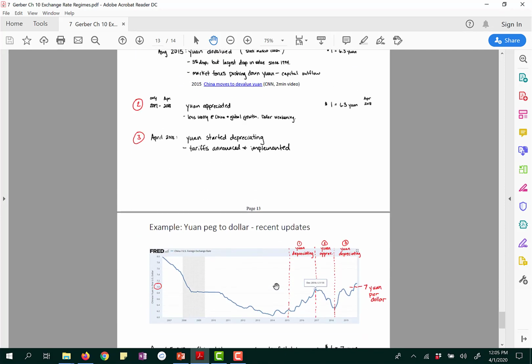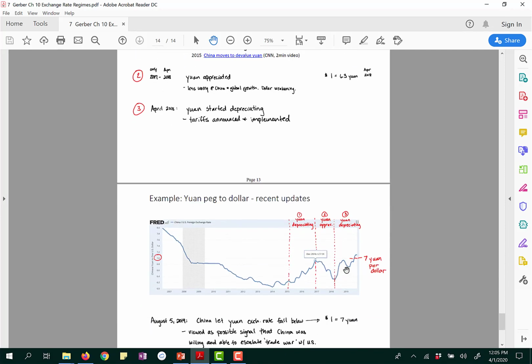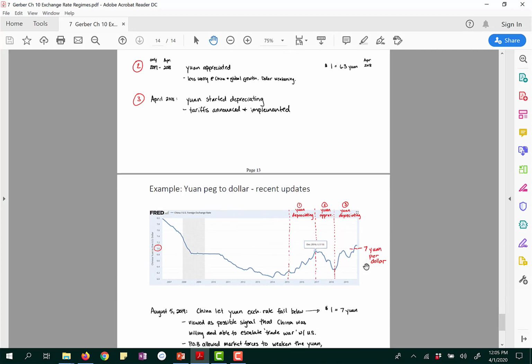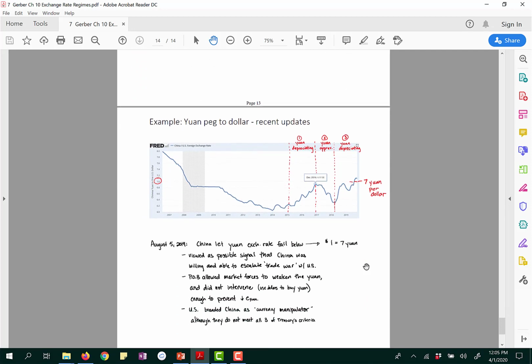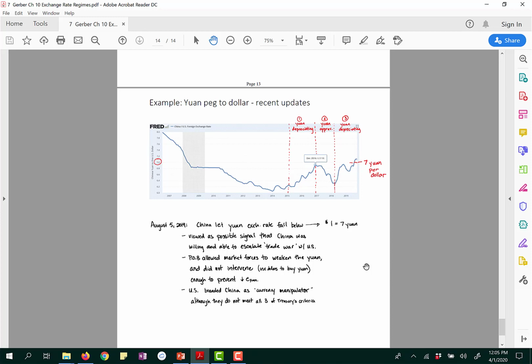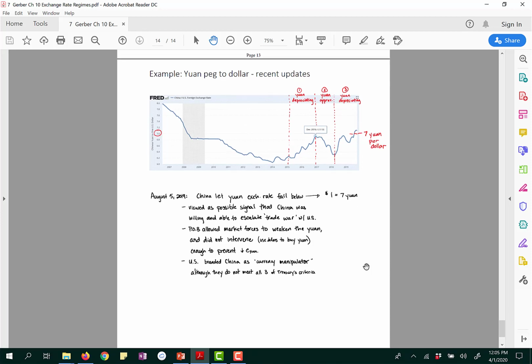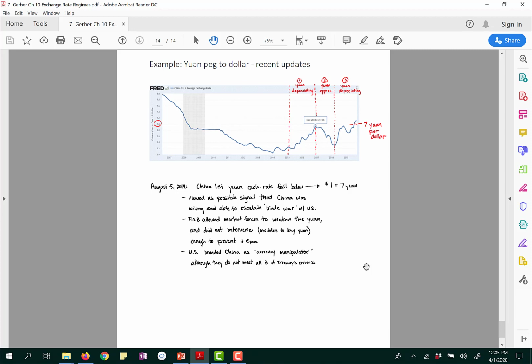So the yuan has been overall depreciating since that time, and one of the biggest things that happened recently was in August 2019, the Chinese government, the People's Bank of China, let the exchange rate fall below 7 yuan per dollar.